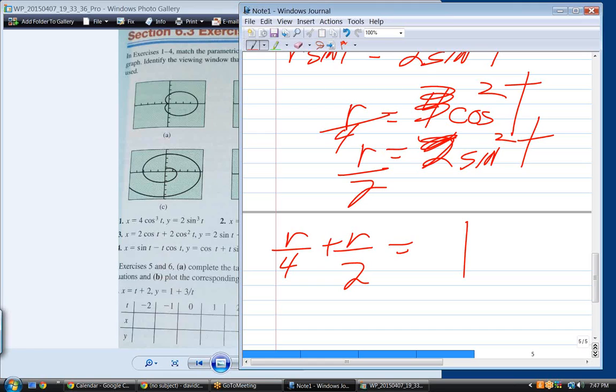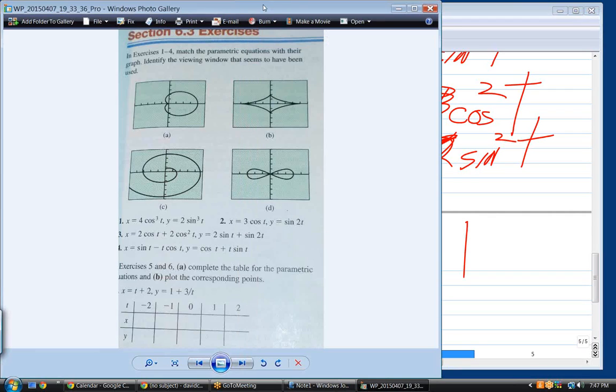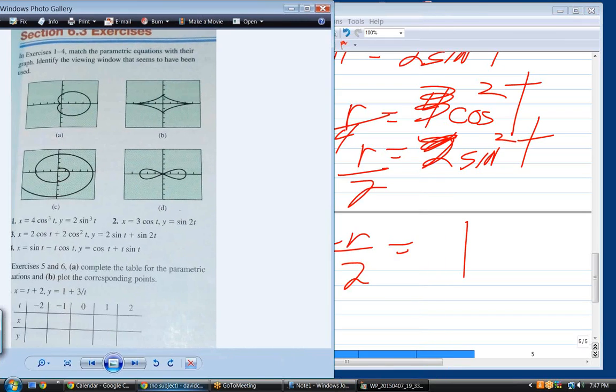Not very helpful. Well, that doesn't appear to be the cardioid. What is that? Well, let me see if I can find a table. I think I have the table that has it, yeah, I do.